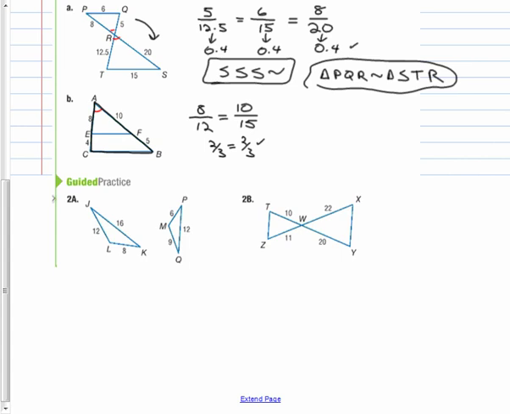So by the side angle side similarity, we have triangle AEF is similar to triangle ACB. So far everything works.